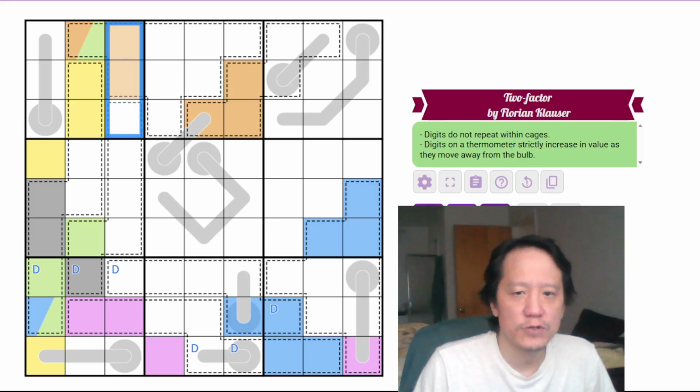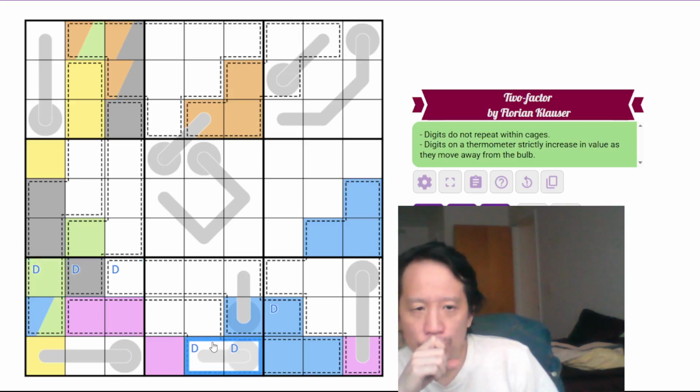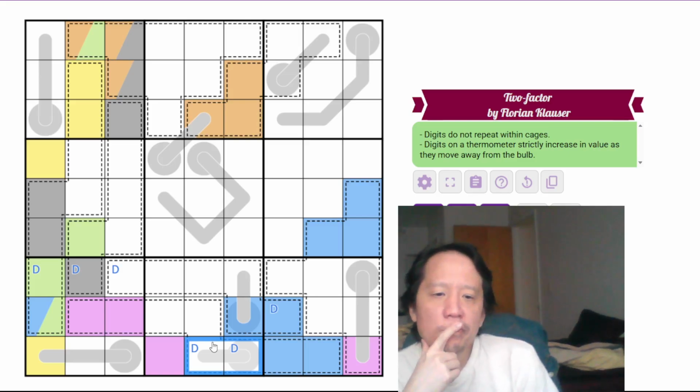Medium gray has to be one of those three. D has to be one of these three and one of those two. Huh.